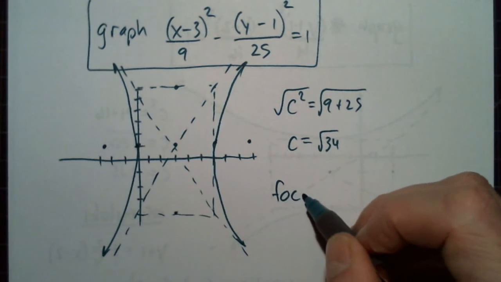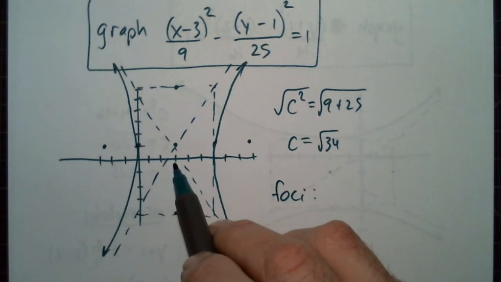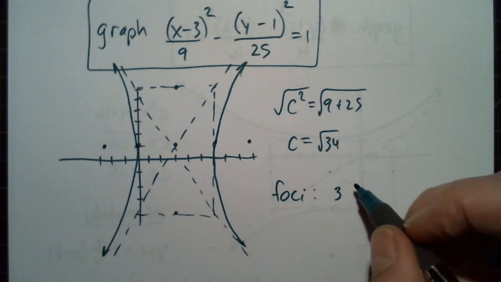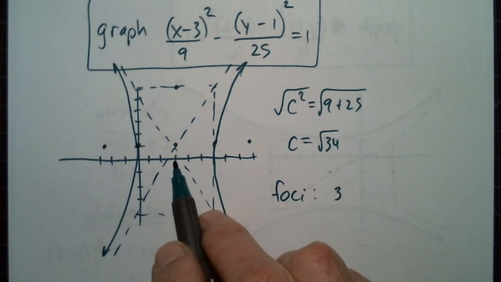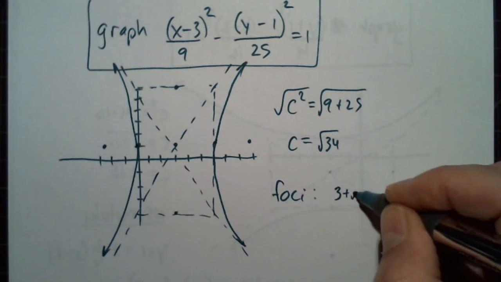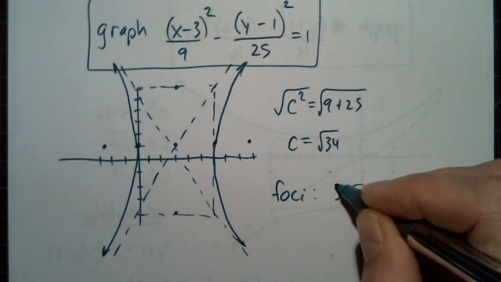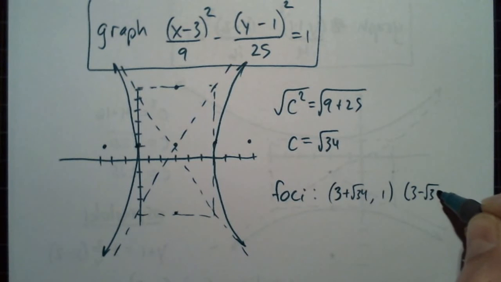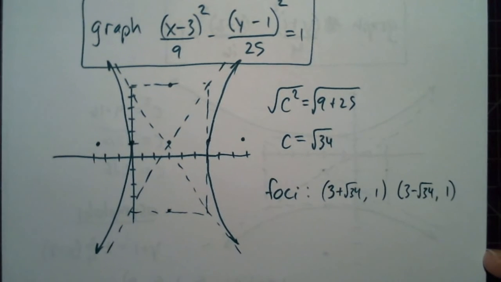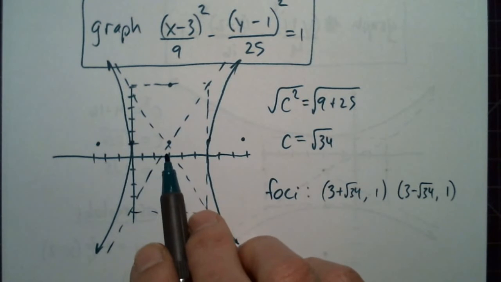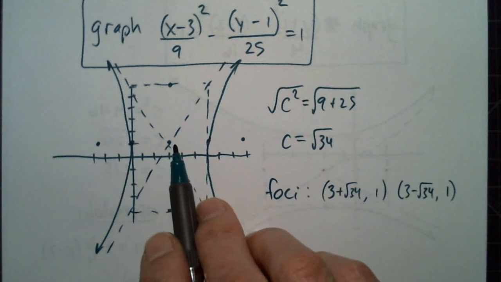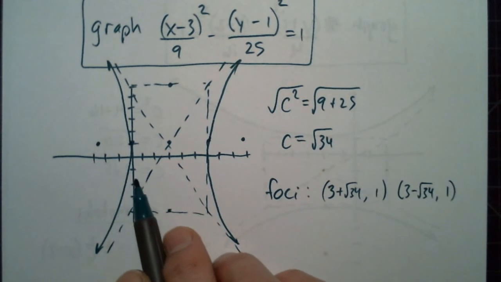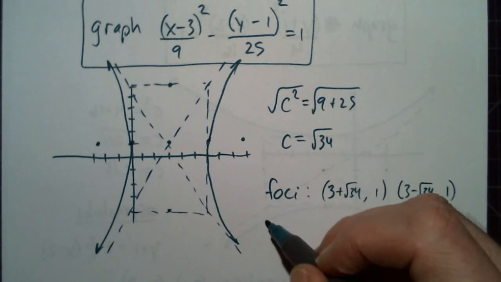So we have foci are at 3 plus radical 34, comma 1, and 3 minus radical 34, comma 1, because we're starting here at 3, moving over radical 34, and then the other way, radical 34, with a y value of 1.